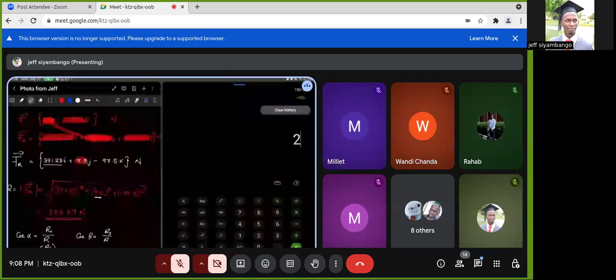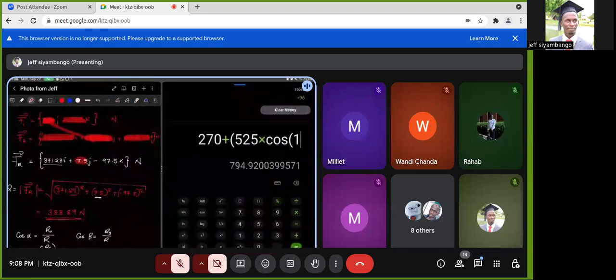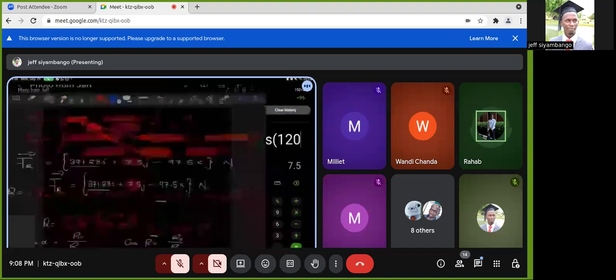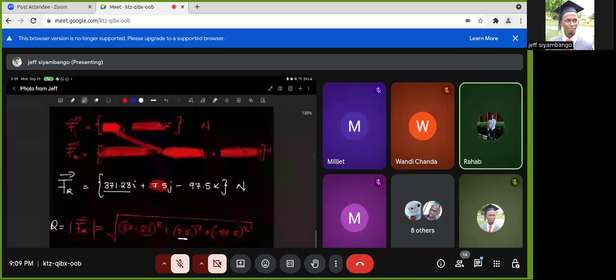Let's see. 270 plus, that's 525, then cos 120, 7.5. You guys need to mind your calculators. Otherwise they will affect you. So please be conscious.